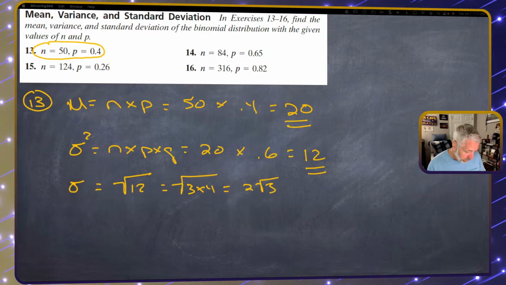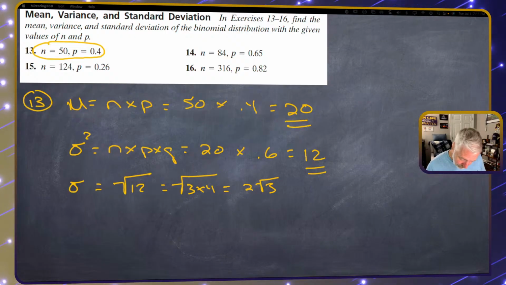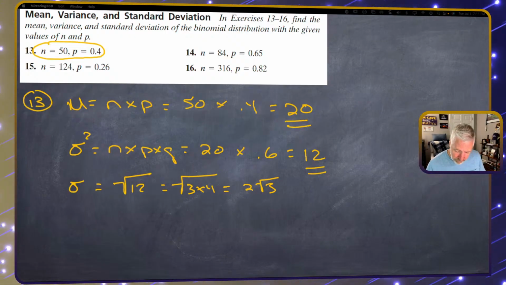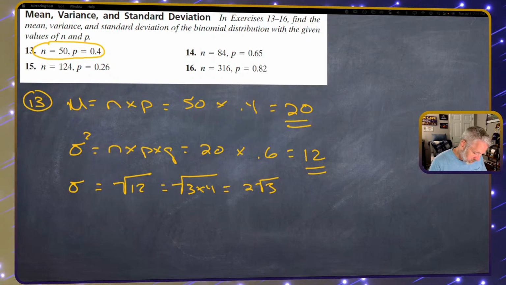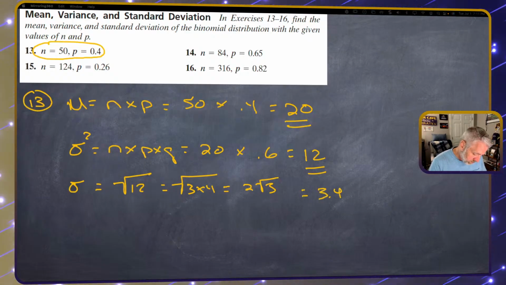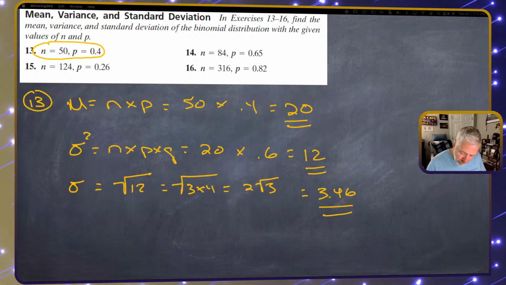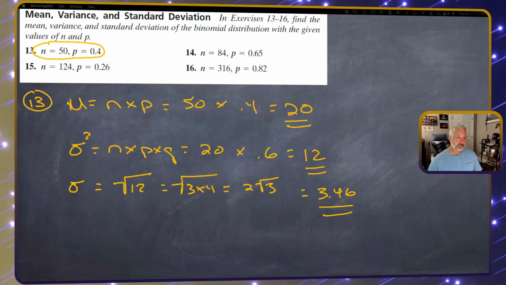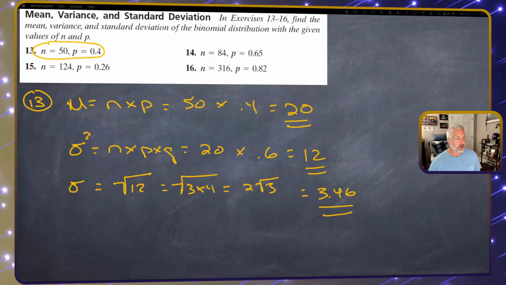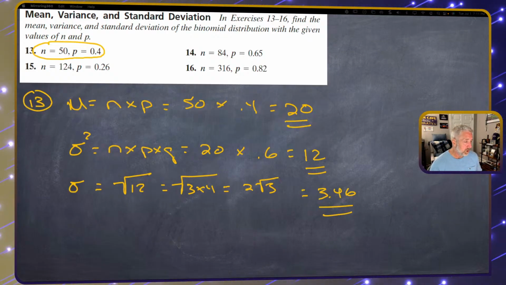Or you can just take the square root of 12 on your calculator, which is 3.46. Two times square root of 3, same thing. Okay, so there's number 13. No problem.